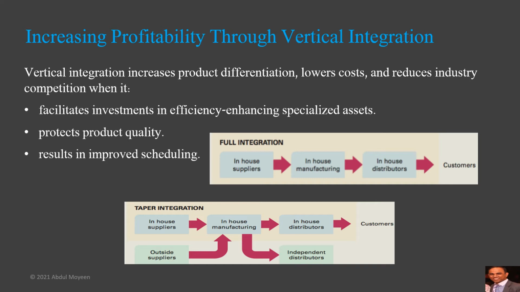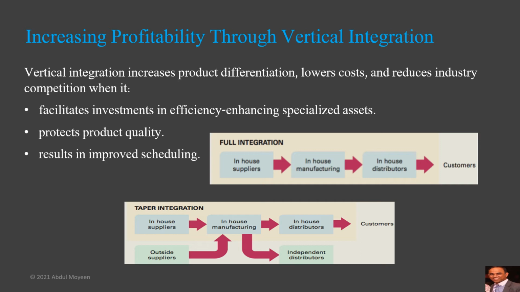What is a specialized asset? It is an asset that is designed to perform a specific task and whose value is significantly reduced in its next best use. The asset may be a piece of equipment that has a firm specific use, or it could be the know-how or skills that a company or employees have acquired through training and experience over time.